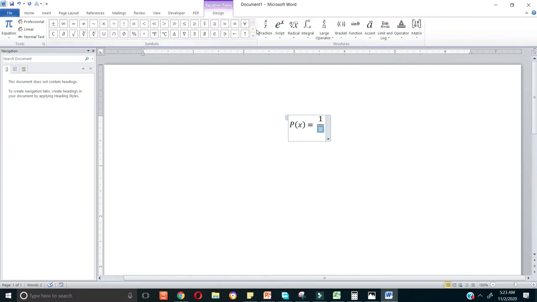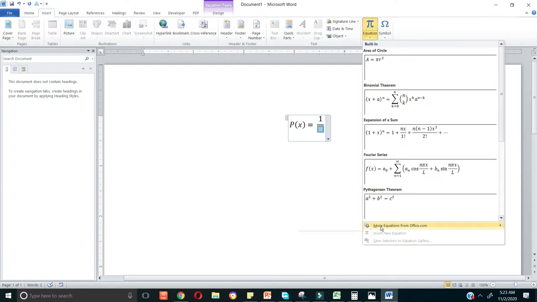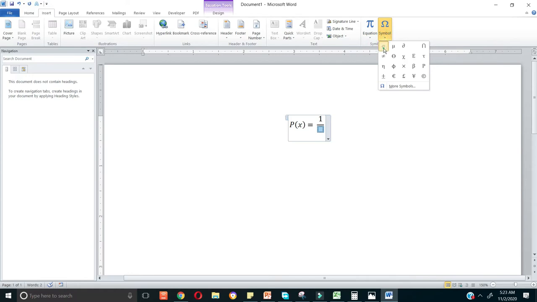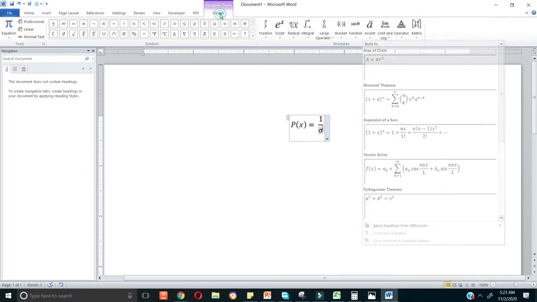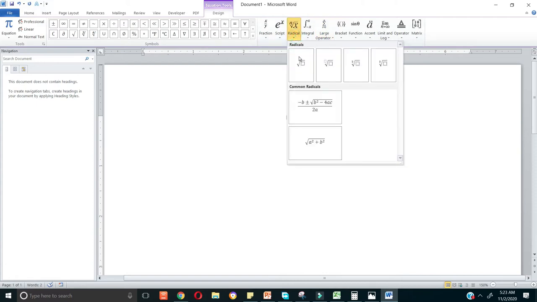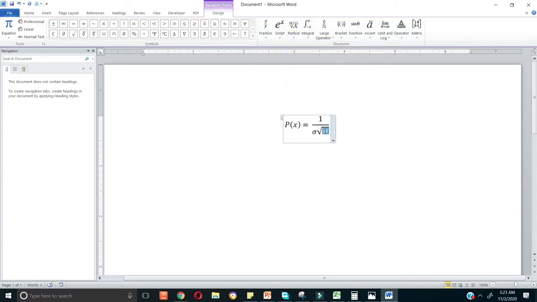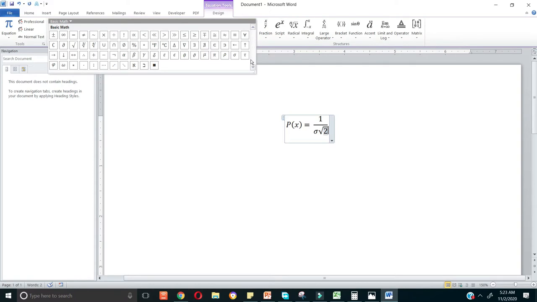So you have the equation, which is 1 over sigma, then the root symbol, a radical 2 pi.